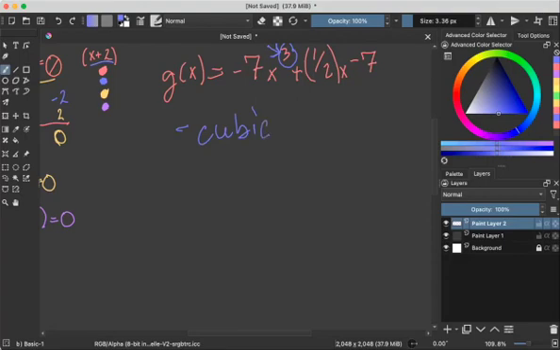Since it is a cubic, it has a maximum of 3 roots, which means it could intercept the axis a maximum of 3 times. But it doesn't necessarily have to have contact with the axis 3 times. It's just a maximum amount.